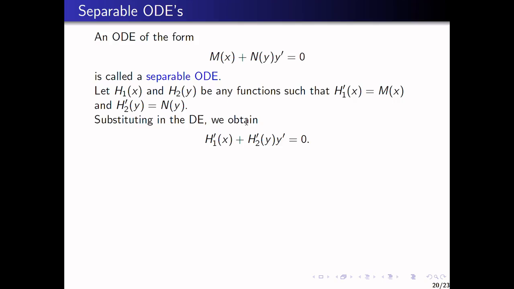We substitute m(x) equal to h1'(x) and n(y) equal to h2'(y) in the given differential equation. So the differential equation looks like h1'(x) plus h2'(y) times y' is equal to 0.